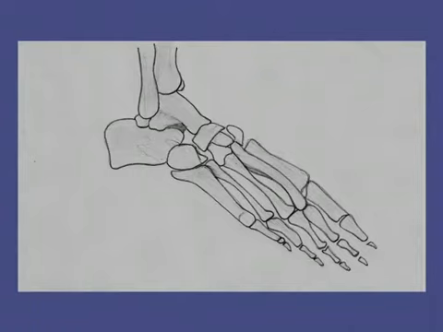Now, the movements of this joint. Movement of the distal tibiofibular joint is also very little, only to accommodate the wedging of the wide portion of the talar trochlea between the malleoli during dorsiflexion. So this is the only movement, a very small amount of movement available in the distal tibiofibular joint.